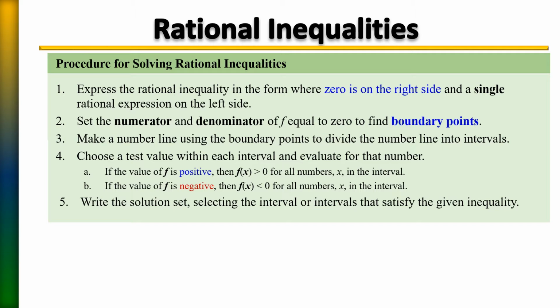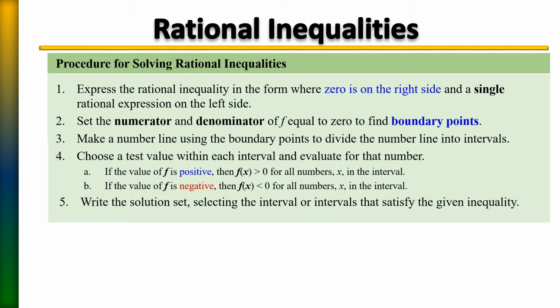You're going to proceed with step 4, where you test a value within each interval and evaluate it for that number so that you can determine whether the output is greater than 0. If that's the case, that region is going to be positive. If the output is less than 0, meaning a negative number, then you know that region is going to be negative.